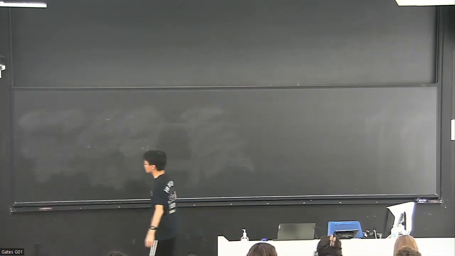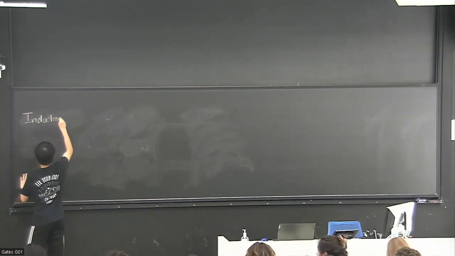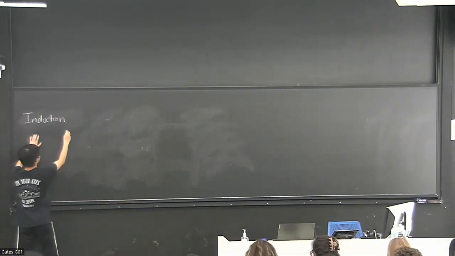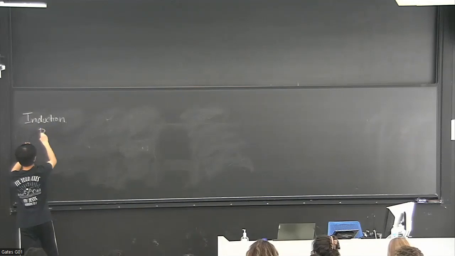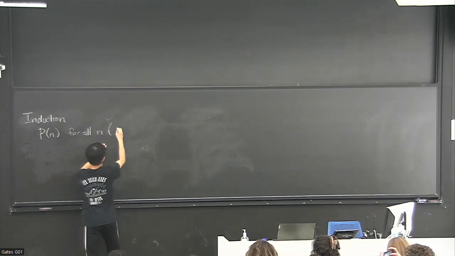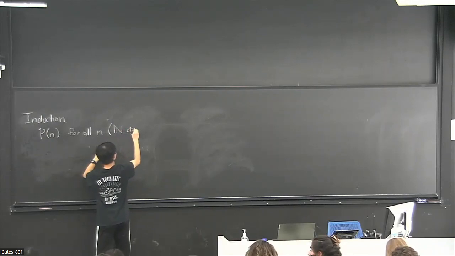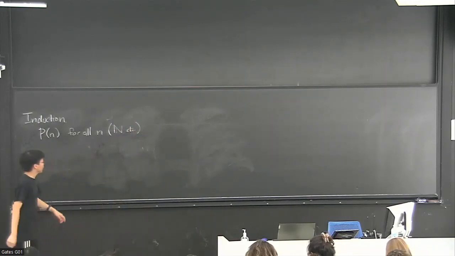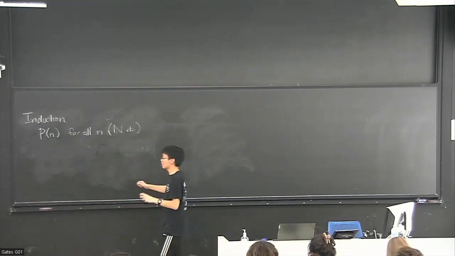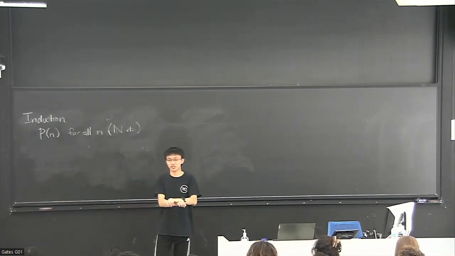Just a brief summary: what you always have is a proposition P of n for all n, usually naturals or something like that. So whenever you see a proof that says something like prove for every natural number something is true, that is a good indication you want to use induction.